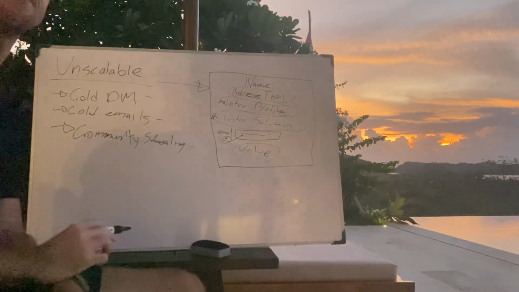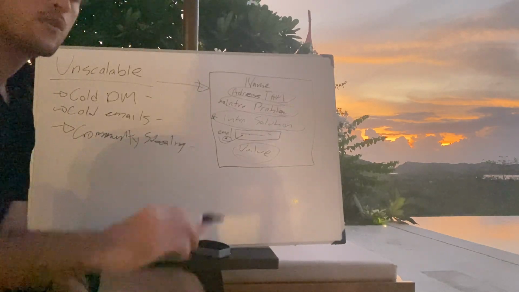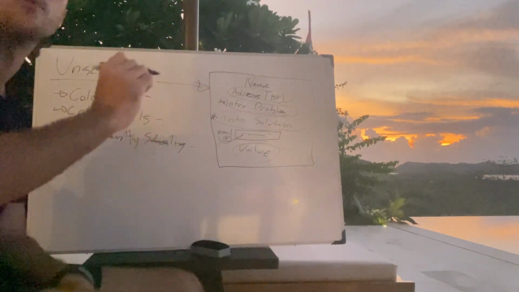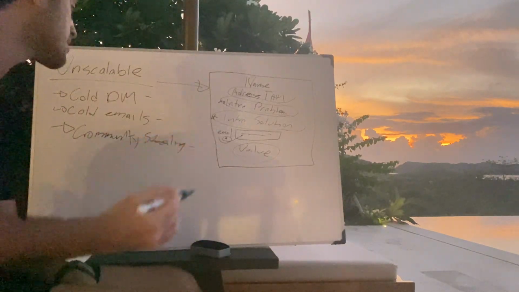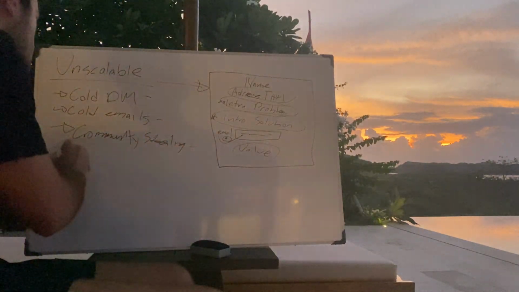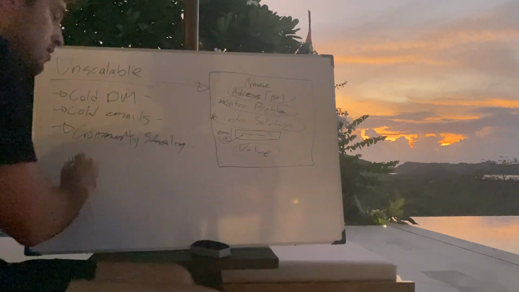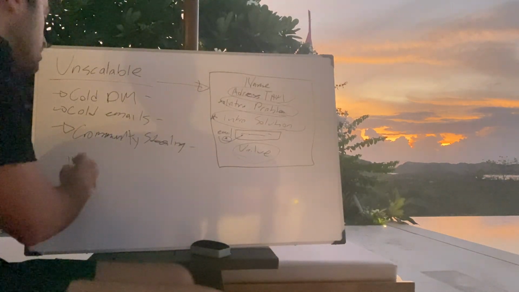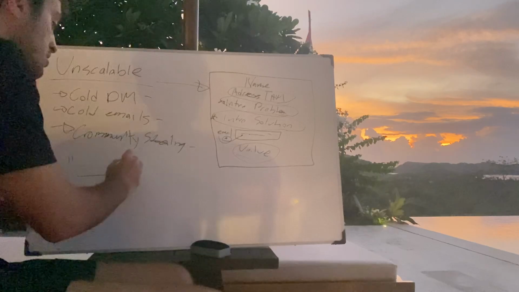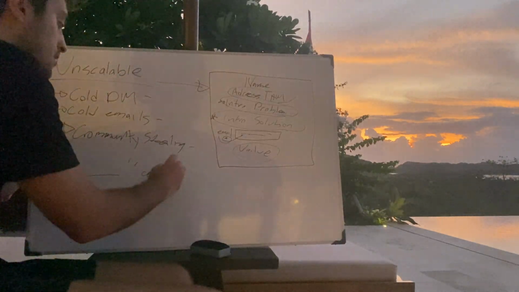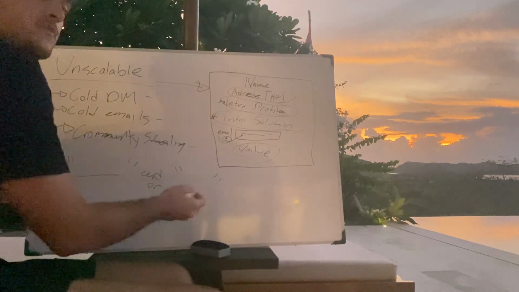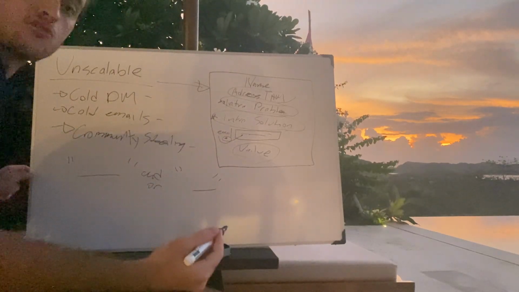So cold DM, go out there, find a list of people wherever they hang out. Let's say it's LinkedIn. You can do a Boolean search on LinkedIn. For example, Boolean search is where you use commas or quotation marks and you put information. You can use AND or OR, and you put other information. So I said it pretty stupidly, but this is what I mean.